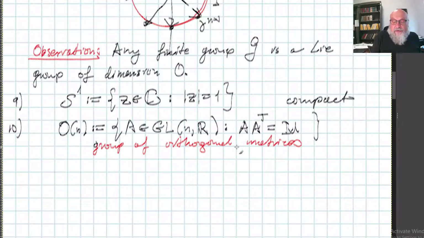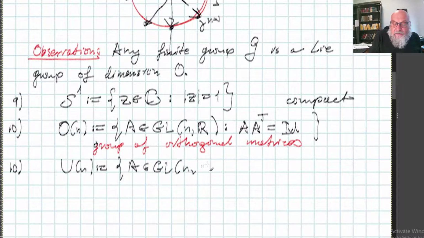This is the group of orthogonal matrices. And similarly, you can do the same thing. It means you can introduce the group of the so-called unitary matrices. In this case, those are the complex matrices, and again A, and I put here A star, gives you identity.